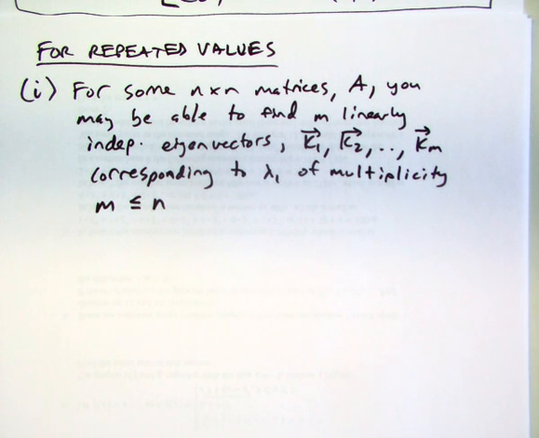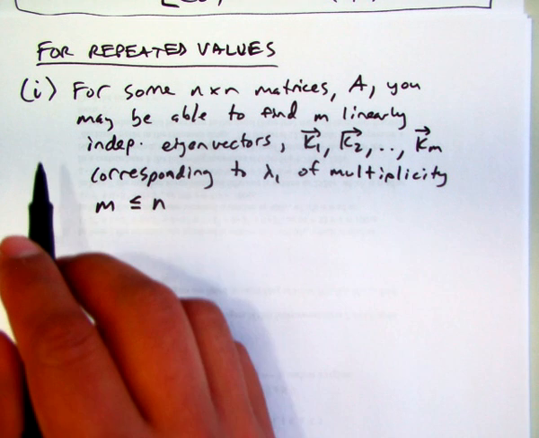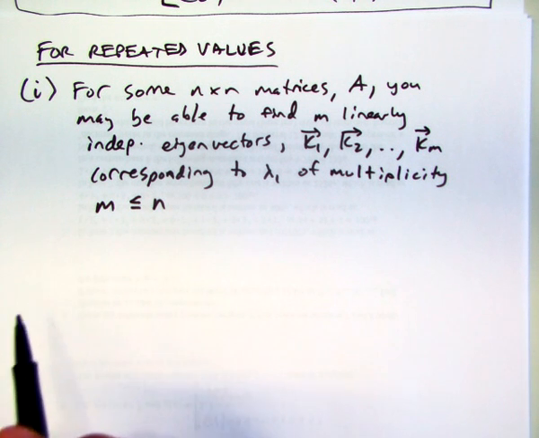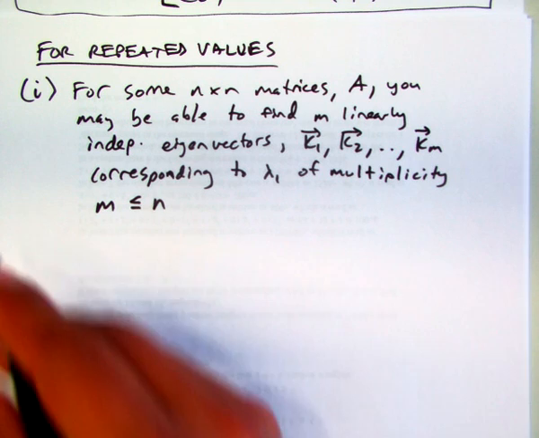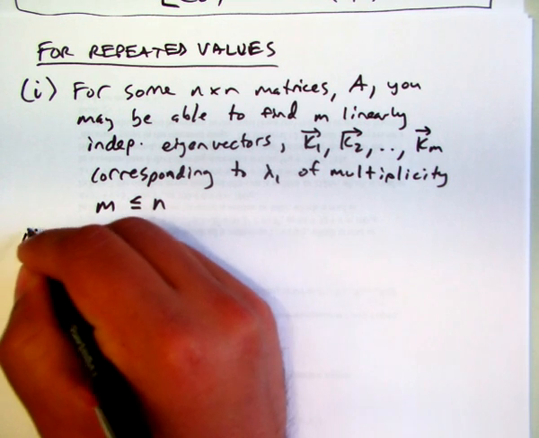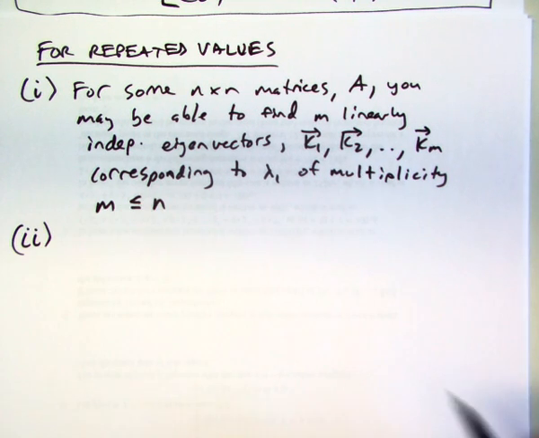This is the ideal scenario. Somehow you get lucky and you have one relationship that would give you 2 linearly independent eigenvectors, then you don't have to do any more work. Okay? Doesn't happen often.